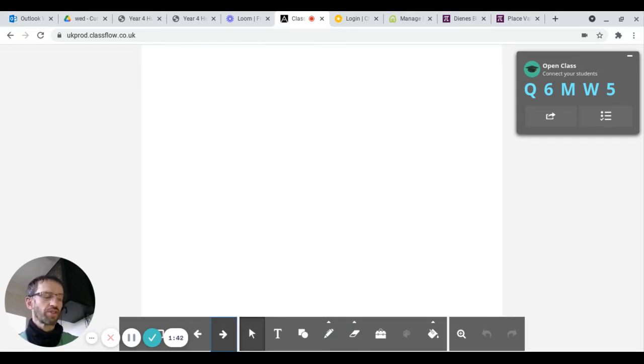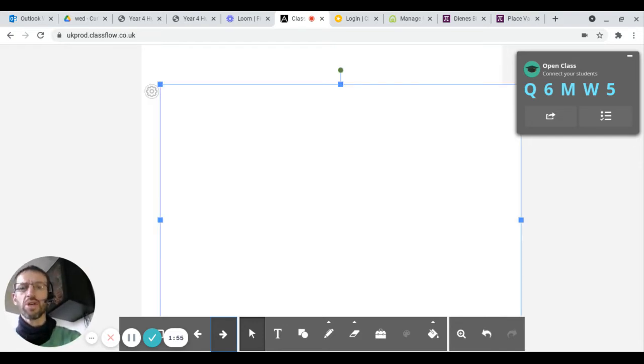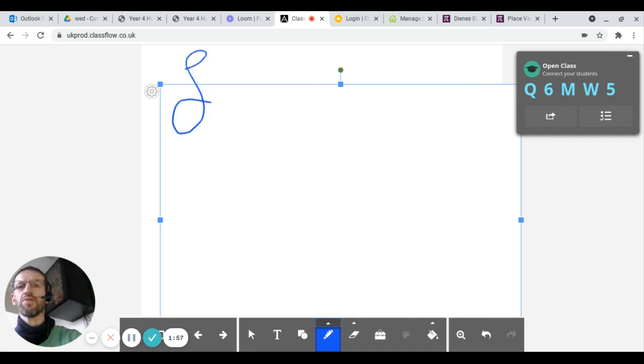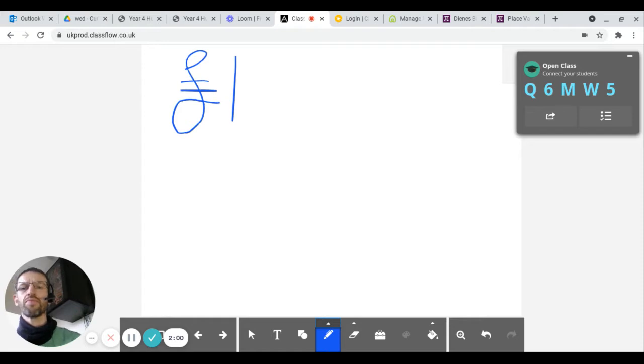Okay, so hundredths. Let's just think about hundredths and the word 100. There's some concrete examples, some real things where we have hundredths. If you have, for example, a pound, 1/100th of that, 1/100th of a pound, is 1 penny. Because there are 100 pennies in 1 pound, so 1/100th of a pound is a penny.